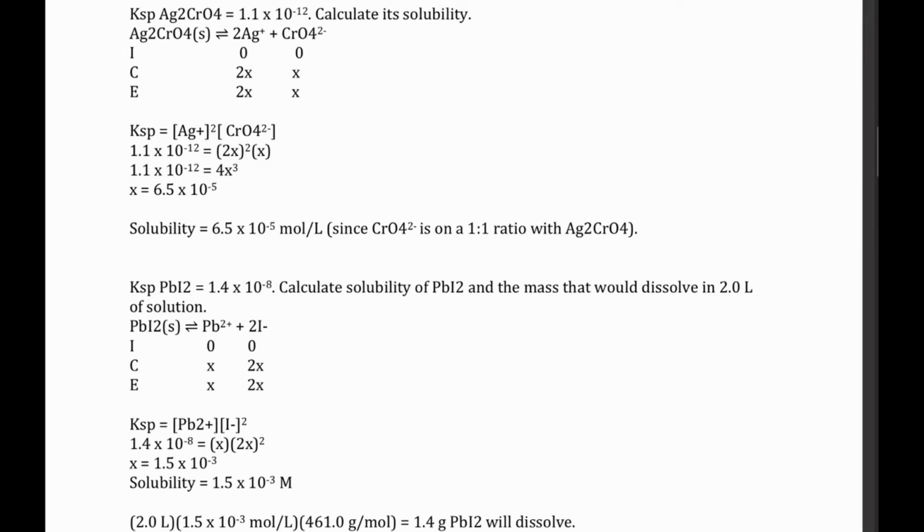To calculate the mass that would dissolve in 2 liters of solution, we take our 2.0 liters, we multiply by that solubility, liters cancel out, and we end up with the moles that will dissolve. We want the grams, so we calculate the molar mass of the lead iodide to be 461.0 grams per mole. That's our next conversion, and we get 1.4 grams of lead iodide will dissolve.